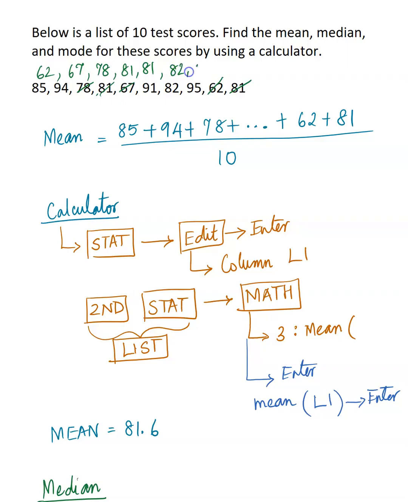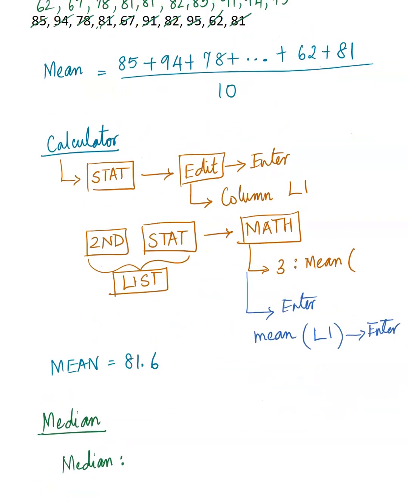Then there's 82 and 85, 91, 94, and 95. Let's quickly check. 1, 2, 3, 4, 5, 6, 7, 8, 9, 10. We've got all the 10 entries. So let me just pull that down here. 62, 67, 78, 81, 81, 82, 84, 85.